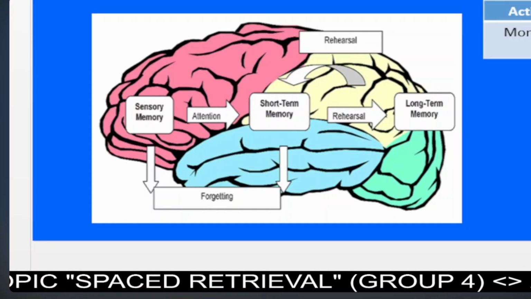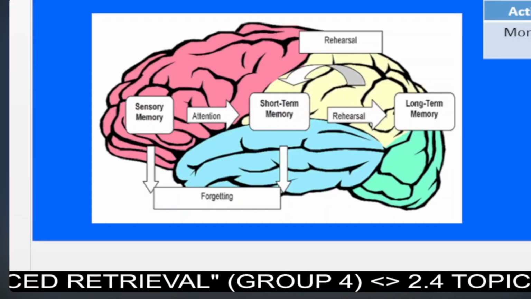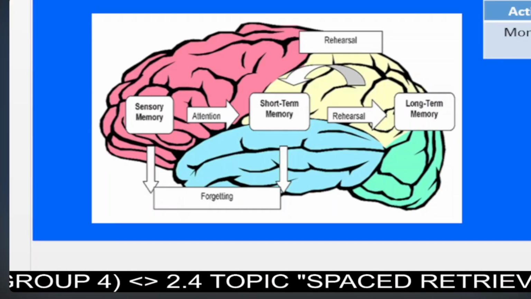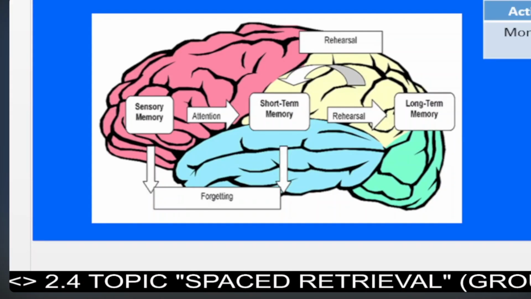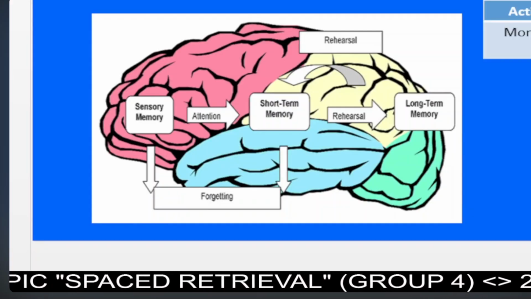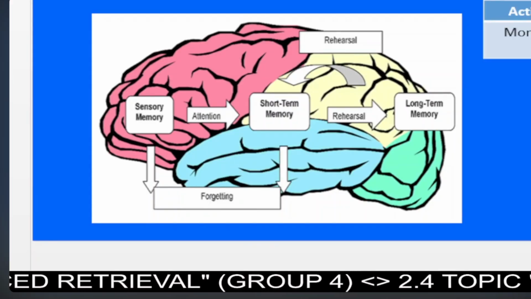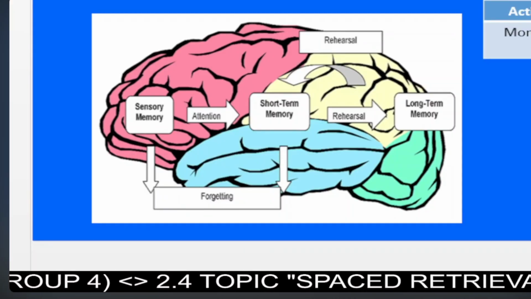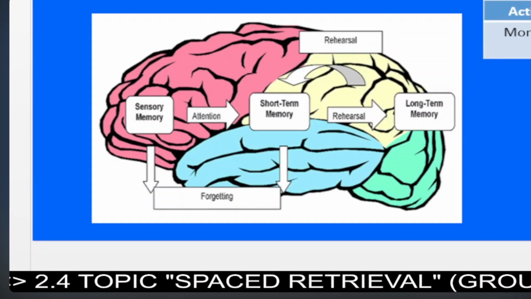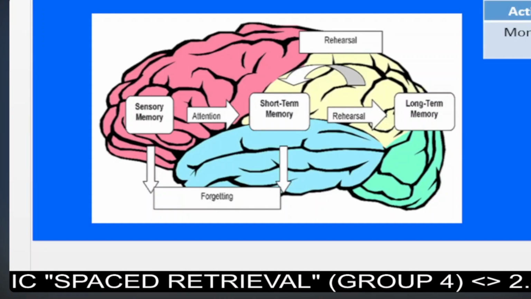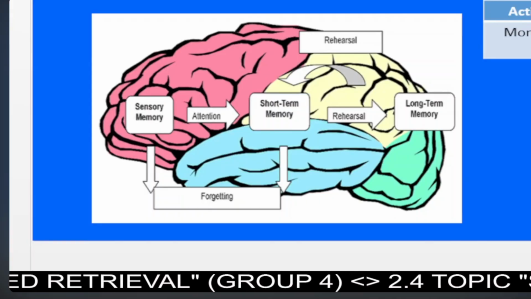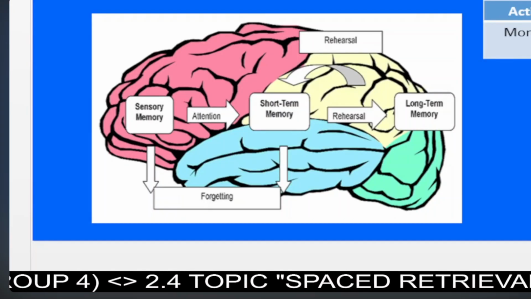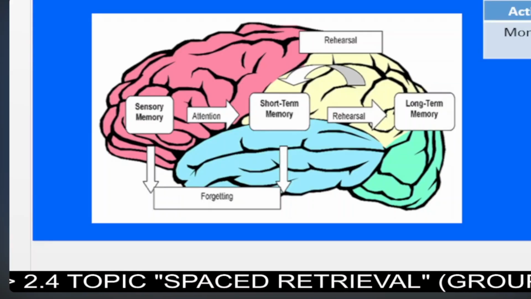And class, the question is, can the long-term memory last forever until you die? You may be having different answers because it is case to case. There is information stored in long-term memory that can last, and other information can eventually be lost over a period of time.